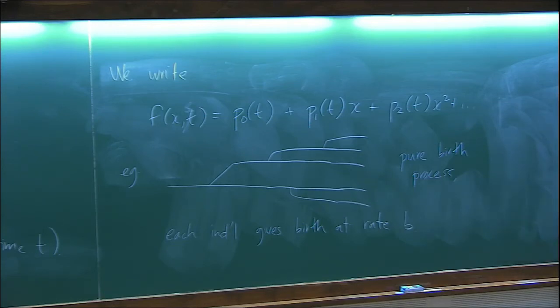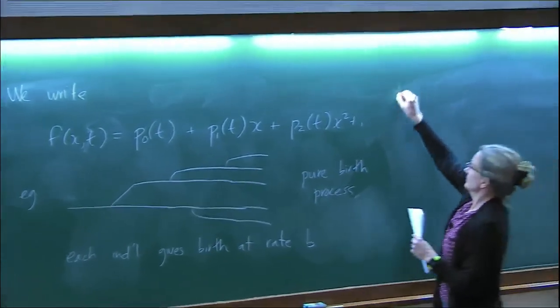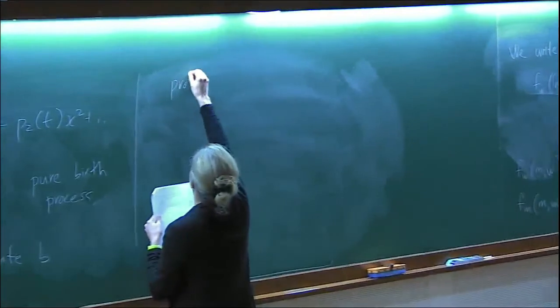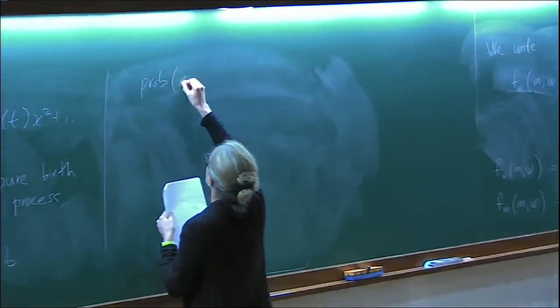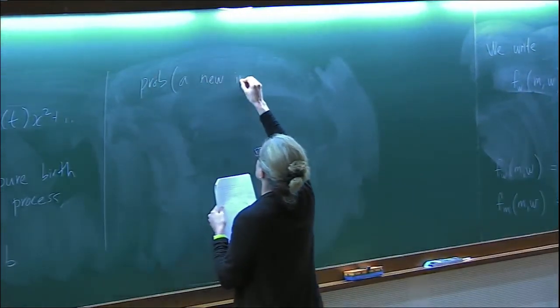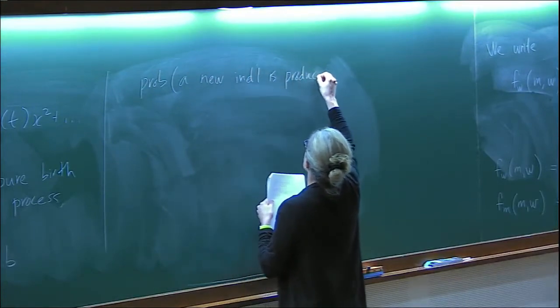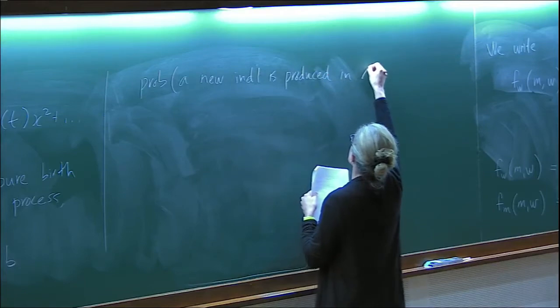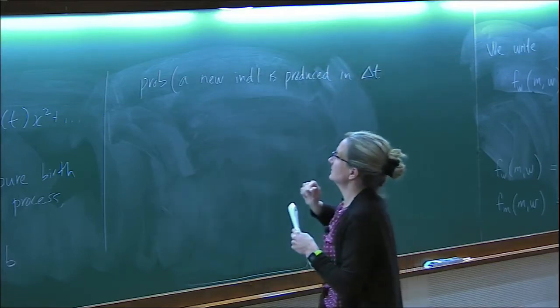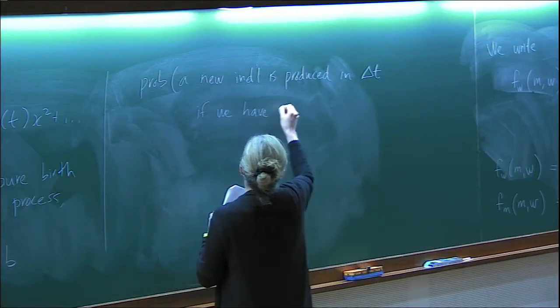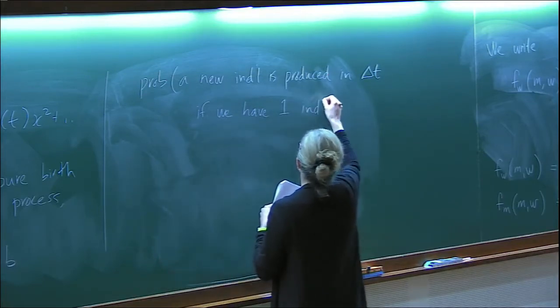Okay, so what's the probability a new individual is produced in time step delta t? Let's say if we have 1 individual in the lineage.